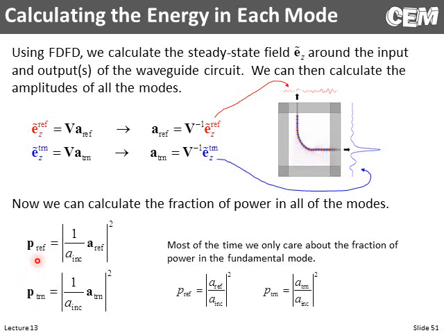These are equivalent to diffraction efficiencies of the spatial harmonics. A little bit weird to talk about diffraction efficiencies with guided modes, so we don't use that verbiage, but it's the same concept. So if we go in these arrays and we pull off the one amplitude for both of these that corresponds to the zero order mode or that fundamental mode, now we can use these equations to calculate the power in that fundamental mode that's reflected and transmitted through the guide.